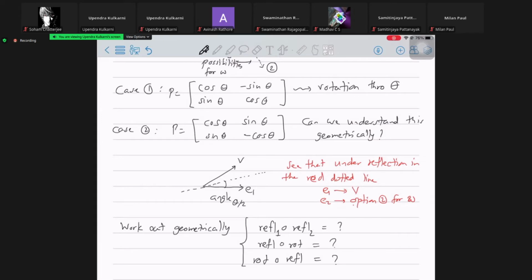Reflection and rotation cannot commute. For example, we can just multiply the two matrices on the screen now, and we notice that they don't. In fact, they will rarely commute. So you should figure out exactly what happens. Okay. All right.